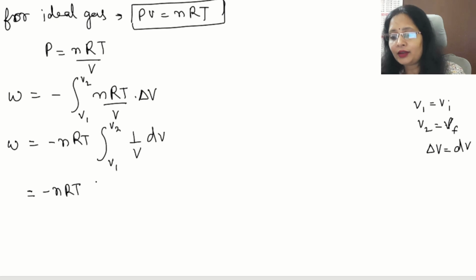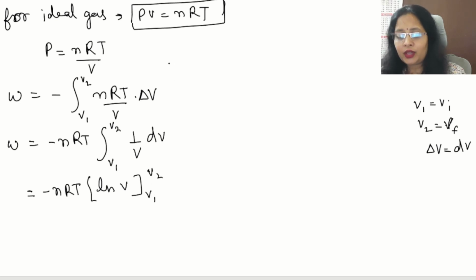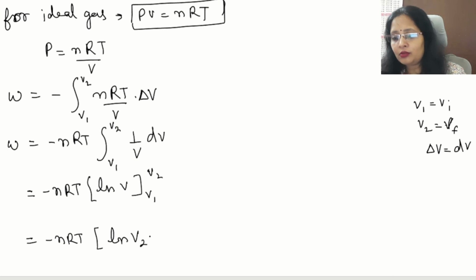Now we can write natural log V from V1 to V2, if we are going to remove the integration sign. So minus nRT natural log V from V1 to V2, we can write natural log V2 minus natural log V1. Yes, we can write like this.